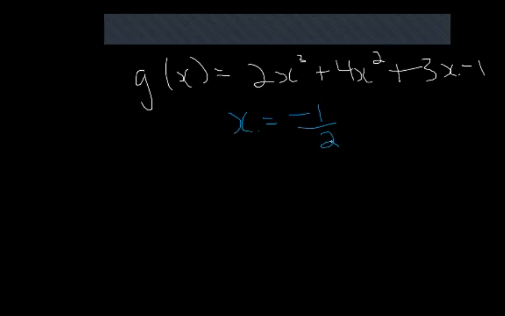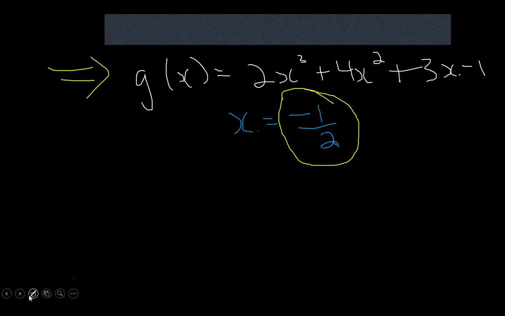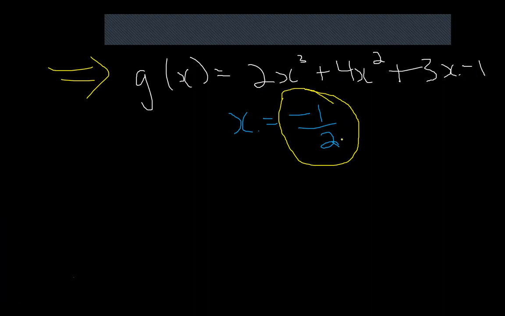The second step says take this x value and sub it into my function. What do I mean by sub it into the function? Well, that just means wherever I see x, I'm going to replace it with minus a half.